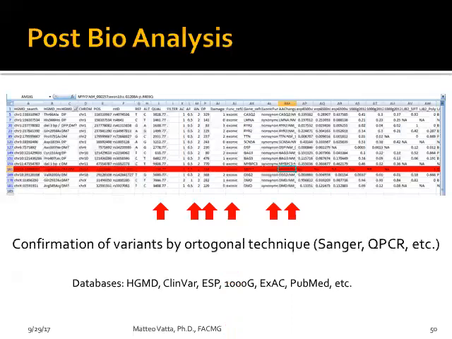And in a clinical setting, whenever a variant has been identified and needs to be reported, it's always good, actually it is required, to confirm this variant with an orthogonal technology. Once you do next generation sequencing, the first orthogonal technology that was used was Sanger sequencing.